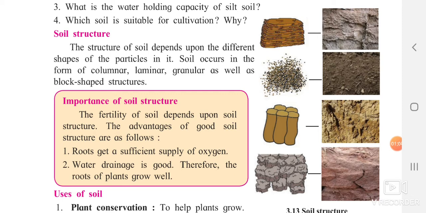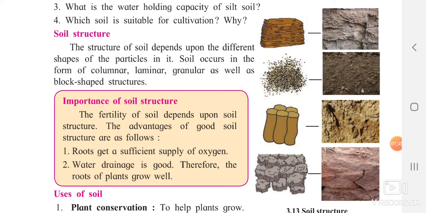Carbon dioxide is required for the growth of the plant, but roots are underneath the soil. They require proper nitrogen and oxygen for their growth. So if the fertility of soil is good, it will provide good oxygen to the roots.